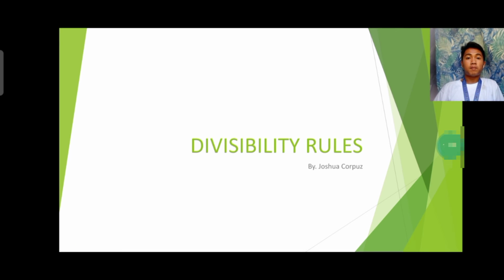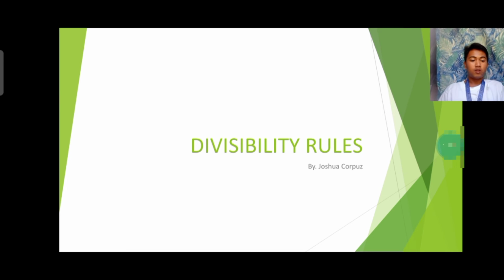Our next topic is about divisibility rules. Today, we study the rules of divisibility. These rules help us to determine whether a number is divisible by another number without actually carrying out the division process.